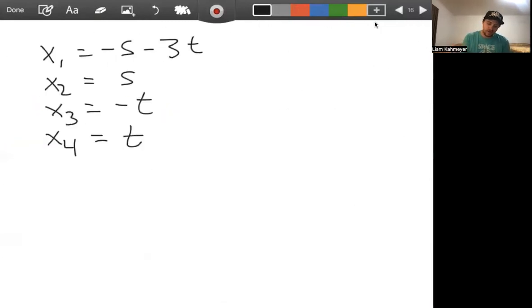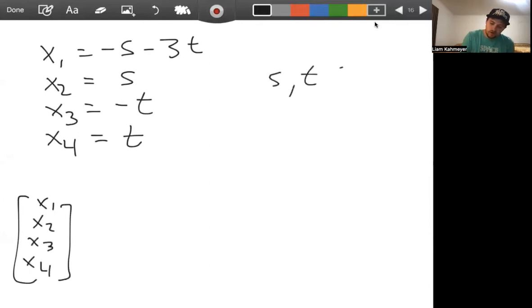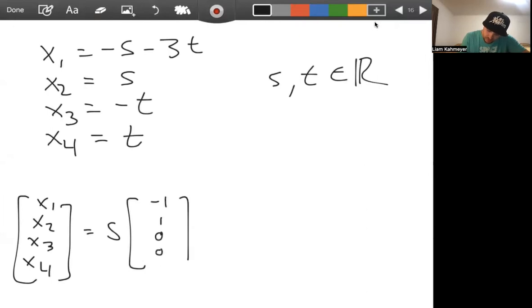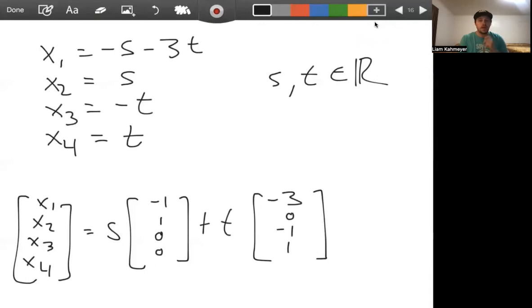And so what does this mean, right? Well, this means all vectors in U are of the form s times the vector -1, 1, 0, 0 plus t times -3, 0, -1, 1.